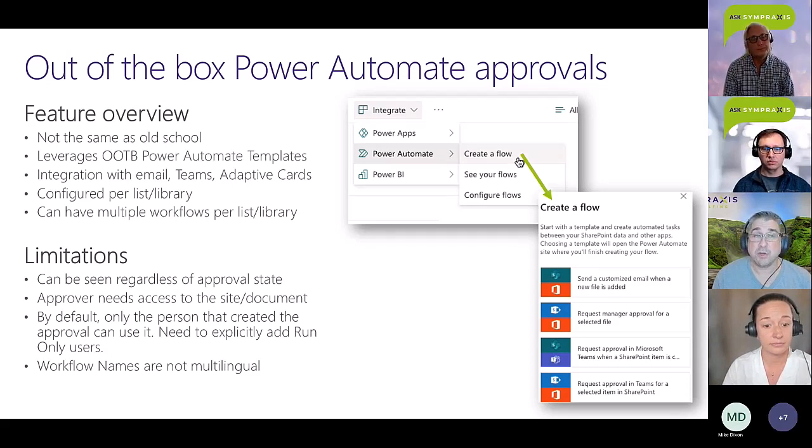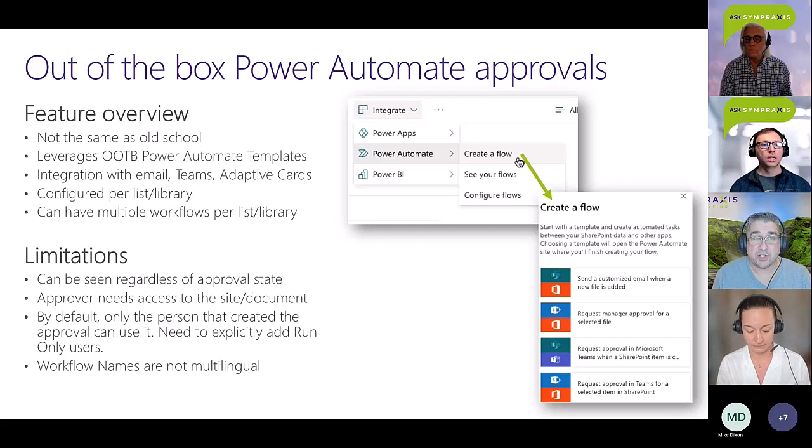The other thing is you can configure these on a list or library basis. And you can also have multiple workflows per list or per library, depending on what the situation might be. So maybe it's an initial review or initial approval workflow, and that can go off to one set of people, and then a final approval can go off to somebody else.